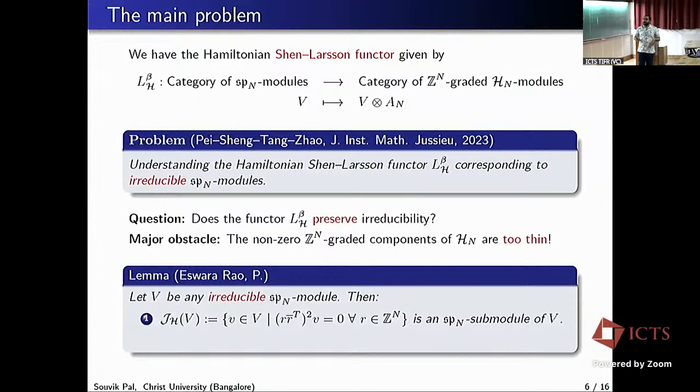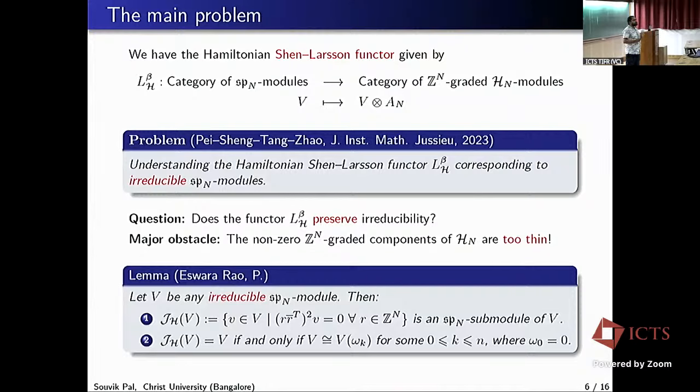If you have an irreducible Sp_N module, this is the first thing, we can construct this space. This turns out to be a submodule. And this submodule will be equal to the whole module if and only if V is a fundamental representation or the trivial representation. So this is a nice characterization of the fundamental or the trivial representation. And this is very, very useful when we are trying to answer this question.